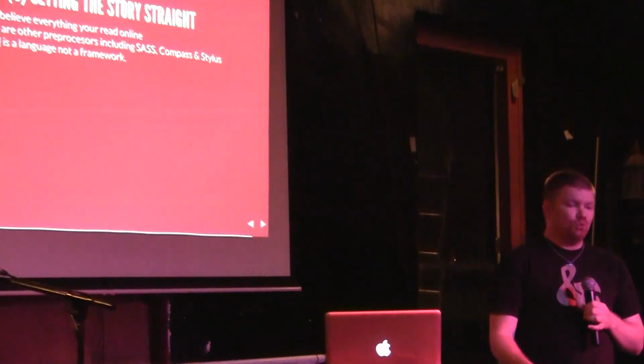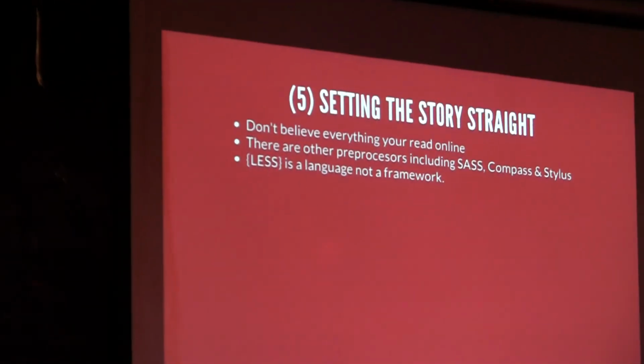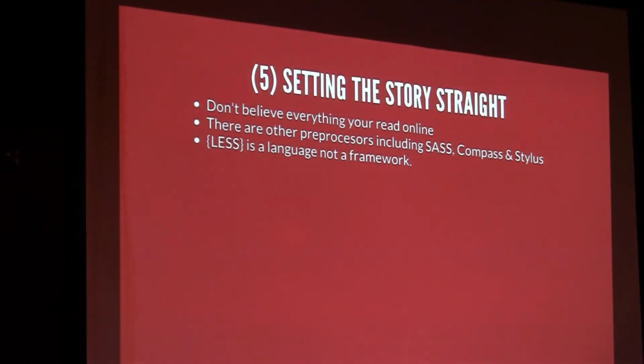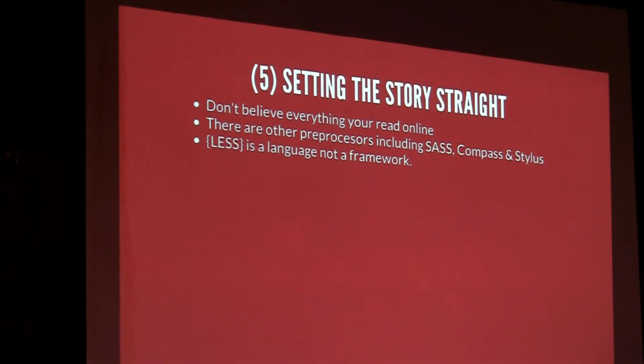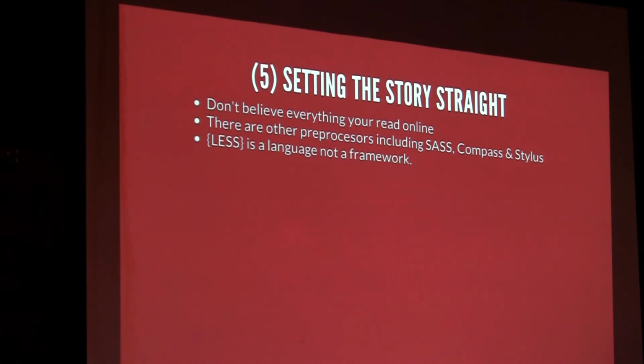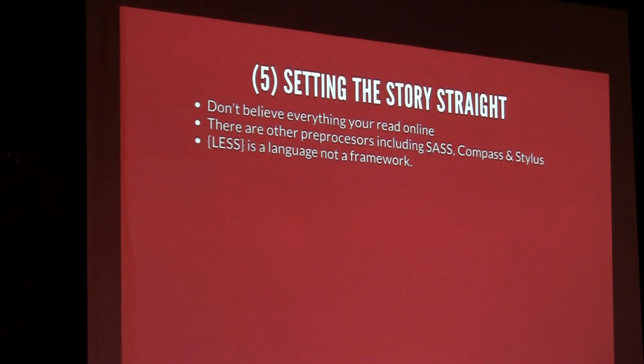One thing I'll note is Less is a language, not a framework, and there is some confusion about this because Sass is the same way. Sass is a language, not a framework. Compass is a framework, not a language. Compass takes Sass and does the same thing that Sass does, only times 10. There's a bunch of built-in functions and awesome things you can do with Compass that you can't do with Less and Stylus.